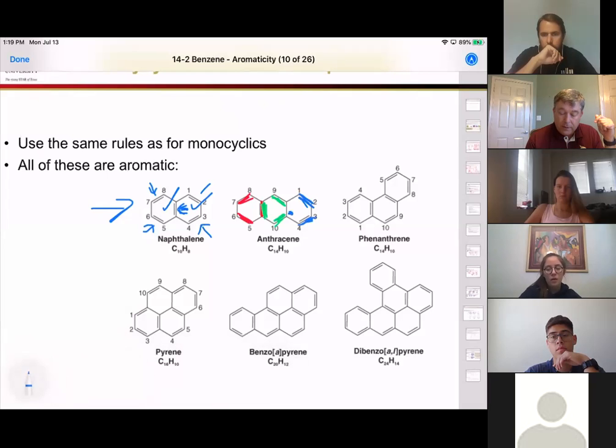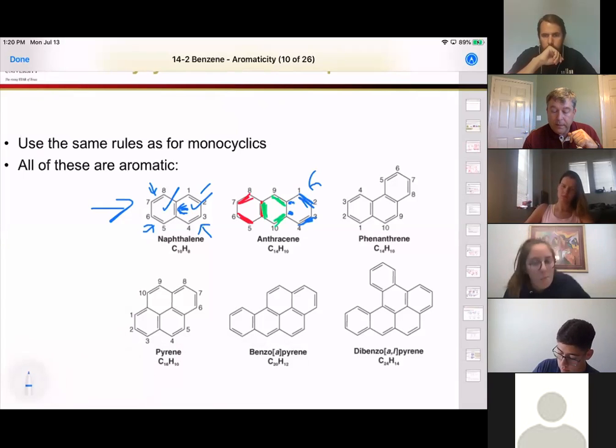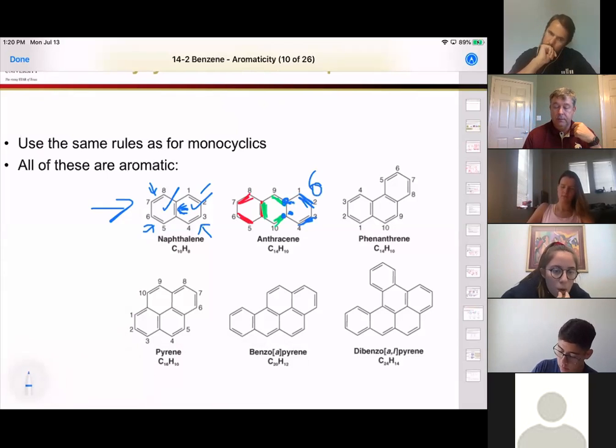We have 1 electron there and 1 electron there from those 2 double bonds, giving us a total of 6 electrons. That ring is also aromatic, okay? Do you see how only half of the electrons from each of these double bonds is contributing? So 1 electron from each of those double bonds is contributing to give us our total of 6 electrons, okay?